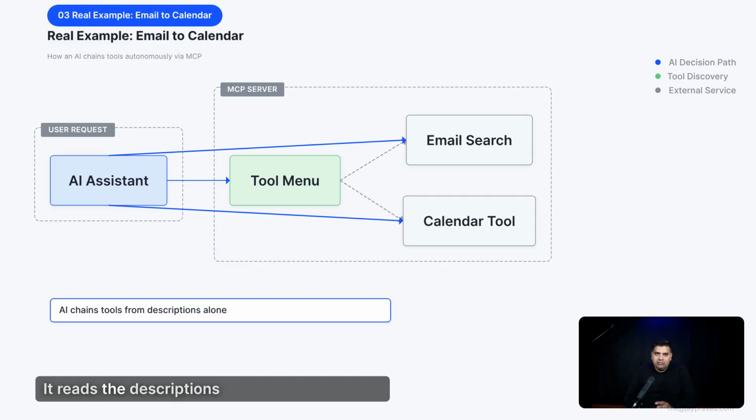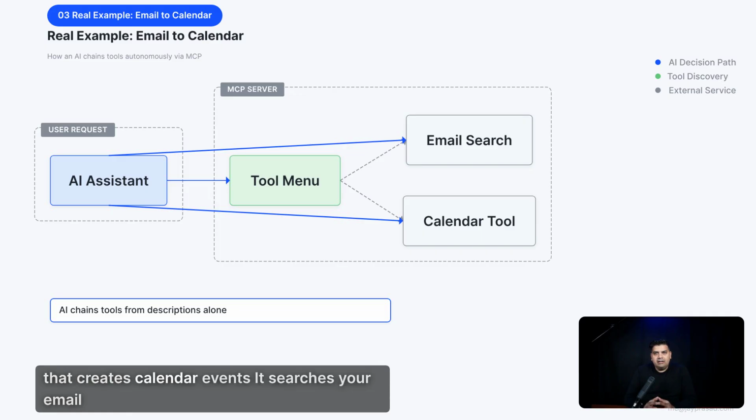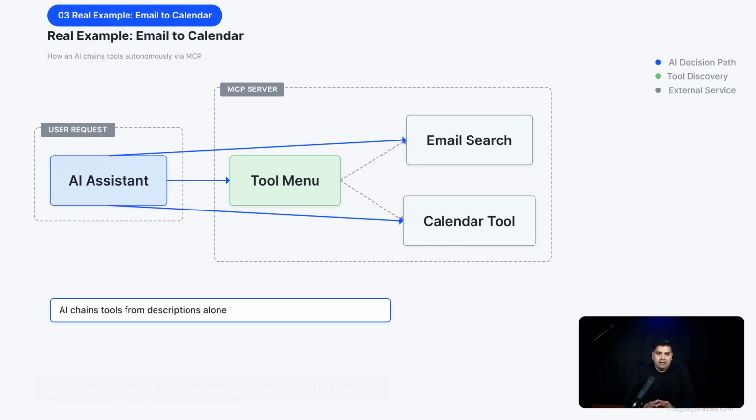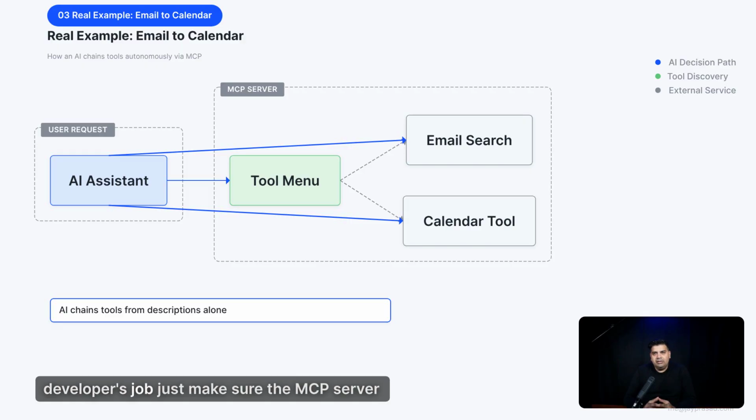It reads the descriptions. It sees one tool that searches emails by keyword and another that creates calendar events. It searches your email for electric bill, pulls out the due date, and calls the calendar tool to add it. The AI chose those tools and figured out how to chain them together, all from reading the descriptions on the menu. The developer's job, just make sure the MCP server is running.